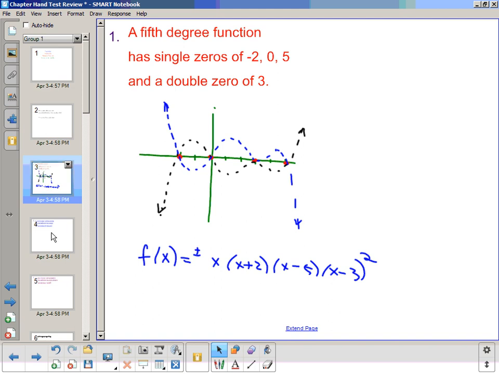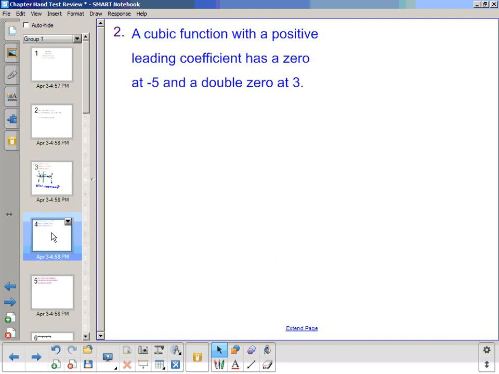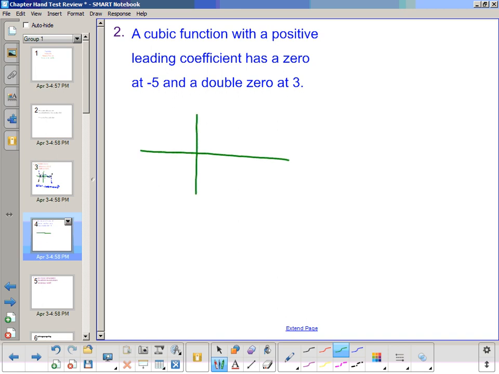So going on to the next problem, we've got a cubic function. In this case, it specifically says a leading coefficient is positive, and we've got zeros at -5 and 3, and this 0 at 3 is a double one.